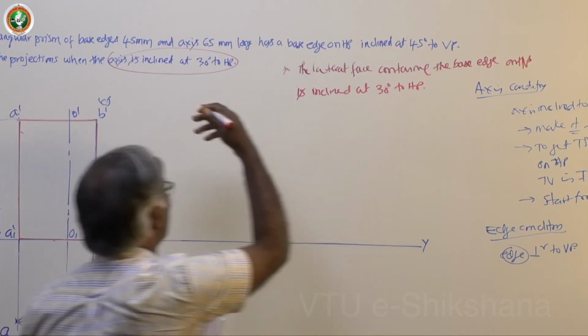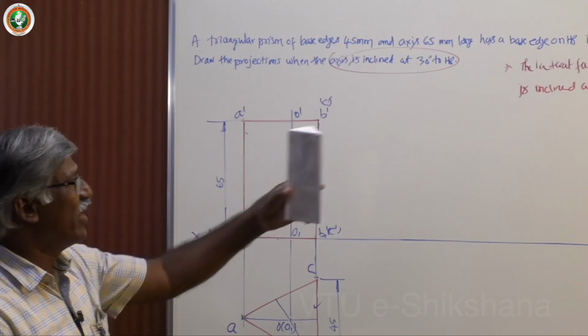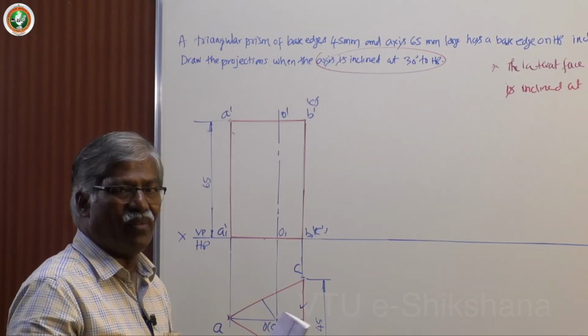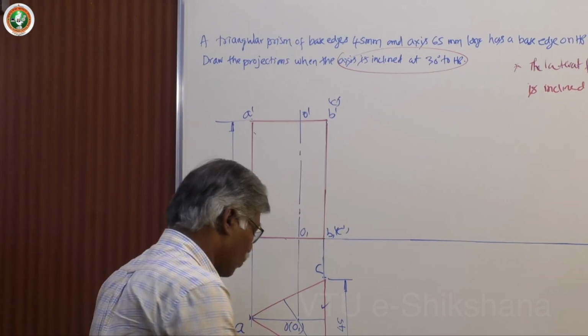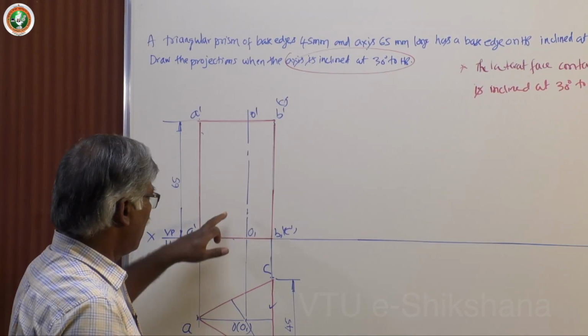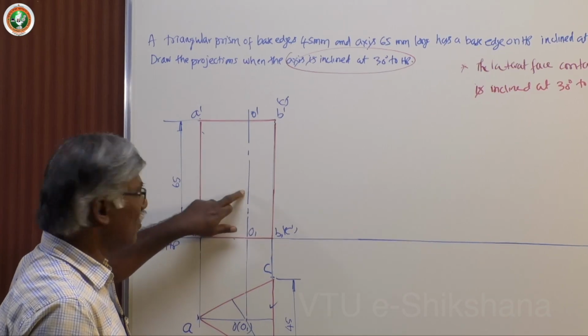They never give the axis inclination. They give this directly. That means if they give the inclination to this, the axis also assumes the same thing, and vice versa. It's also true. Now, what you have to do? If I give inclination to this, this also assumes the same thing.